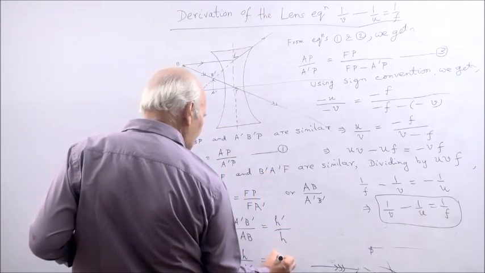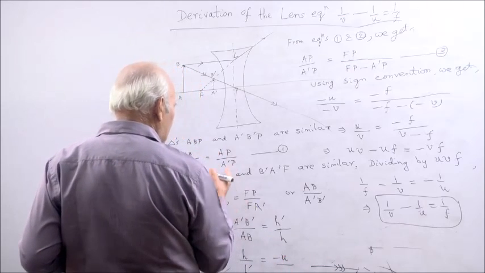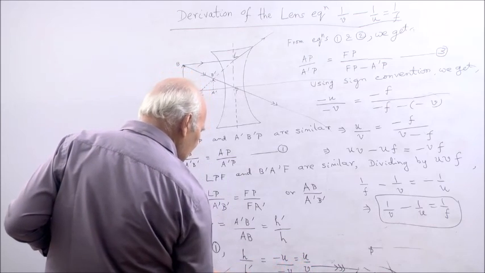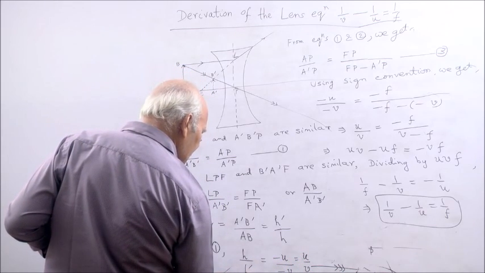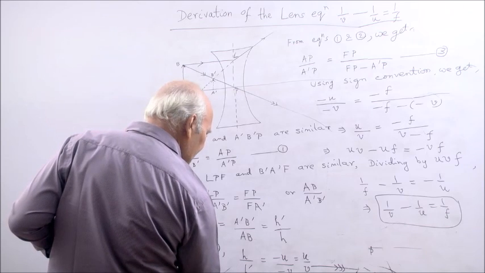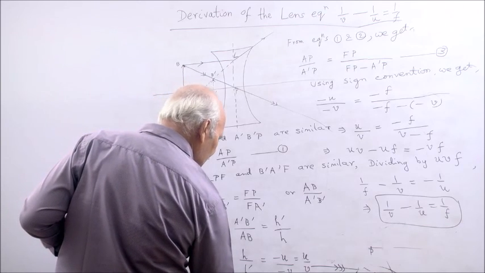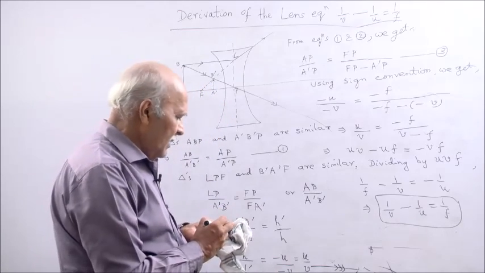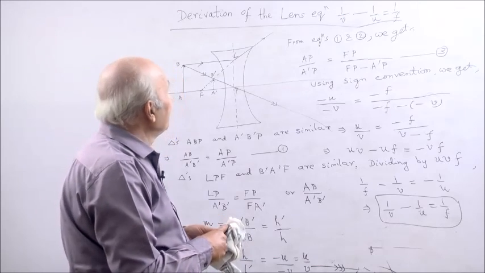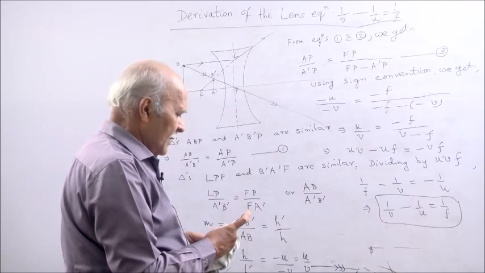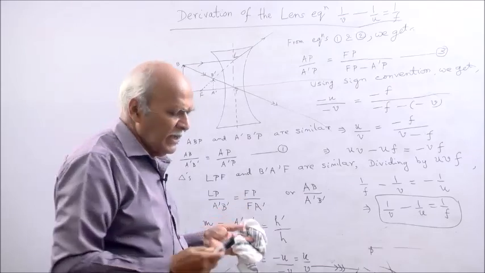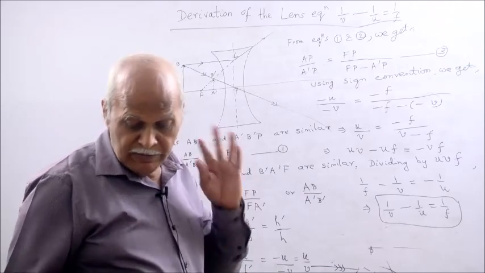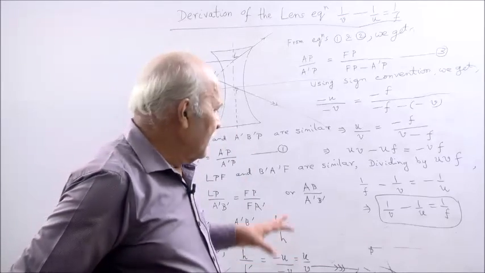AP is your minus U by A dash P is your minus V. So, it is U by V. So, implies M is equal to H dash by H is equal to V by U. So, here in case of mirrors it was minus V by U, but here it is V by U. So, this is for the concave lens. Similar things can be done for the convex lens for two positions, like the real image case and virtual image case. The results will be same.